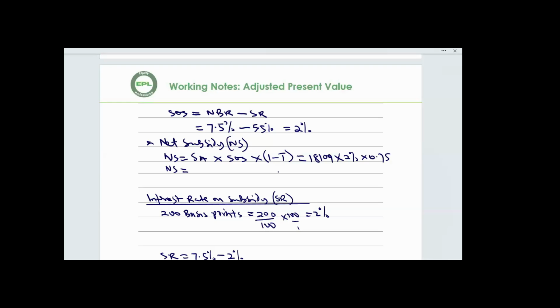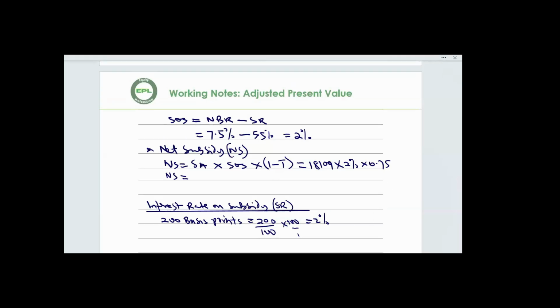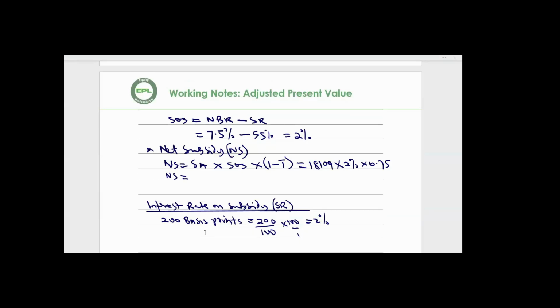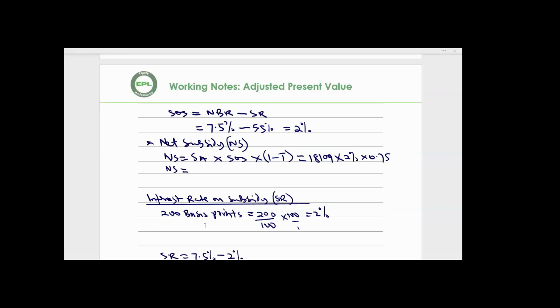So NS will be equal to 18,109 multiplied by 0.02 multiplied by 0.75, which is 272.